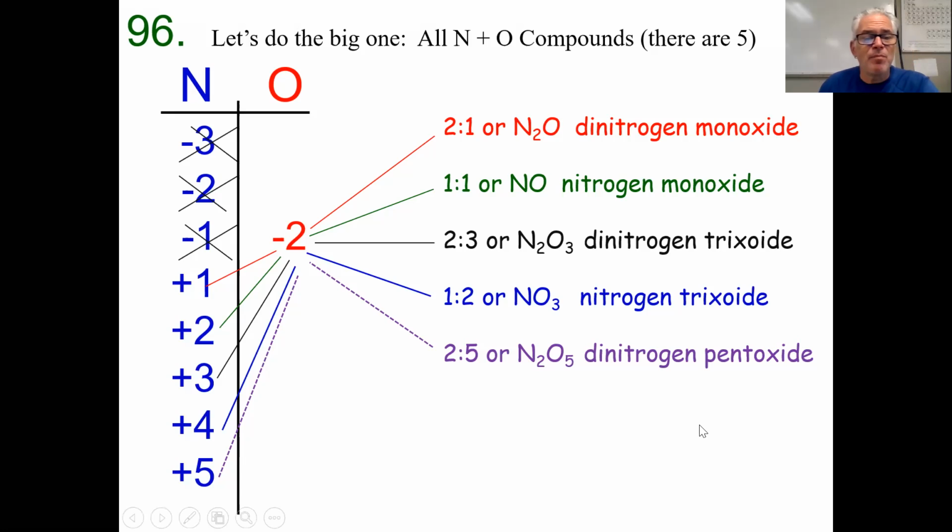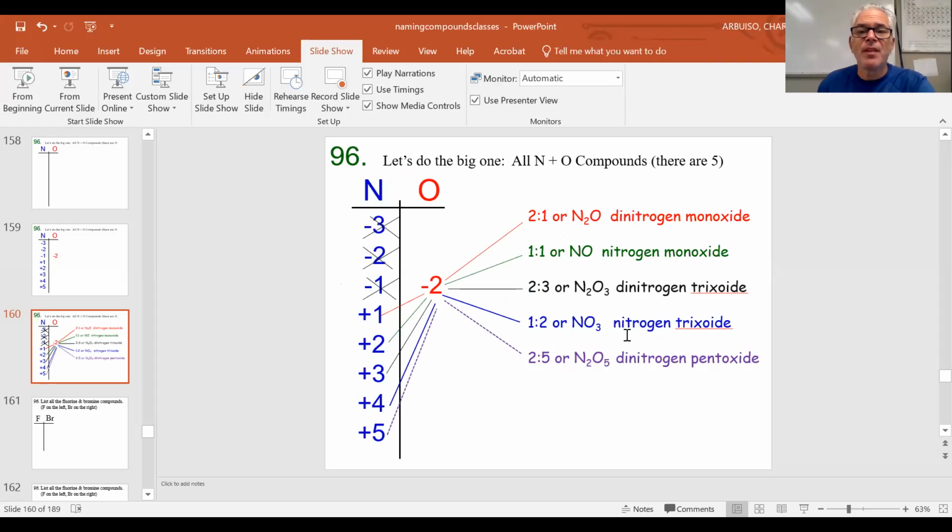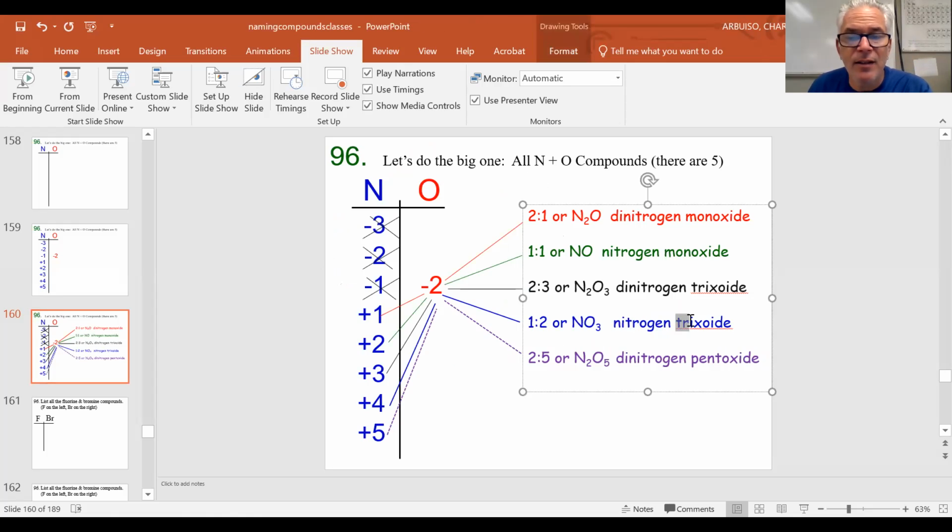Look at that, there's a boo-boo. I got to fix it right now. It's going to be nitrogen dioxide, and this is a 2. I spelled this wrong, too. Dioxide.